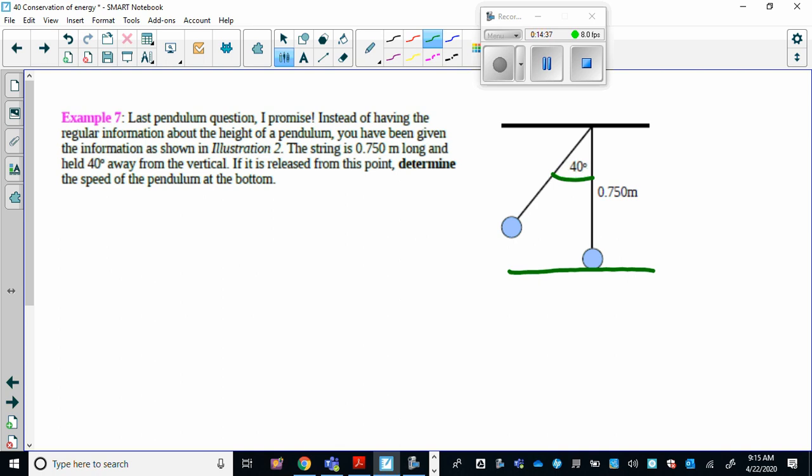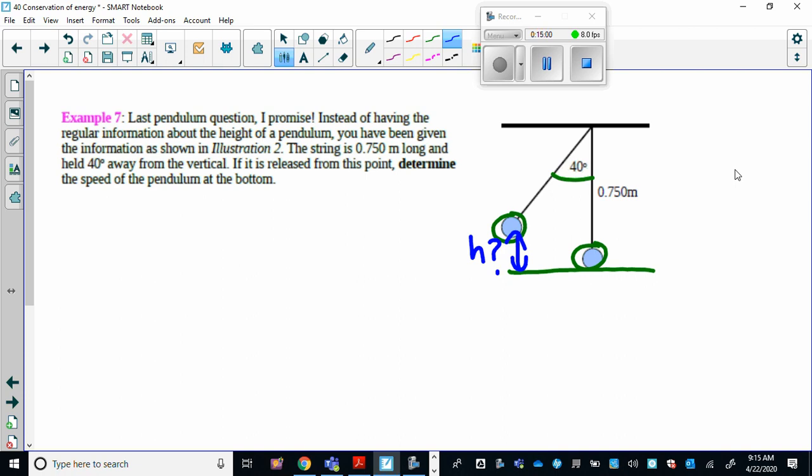So again, we're going to assume that all the potential energy was converted into kinetic energy. The difficulty in this one is we're not given the height. So we have to use some common sense and some trigonometry to find out what the height of the pendulum is at this point right here.